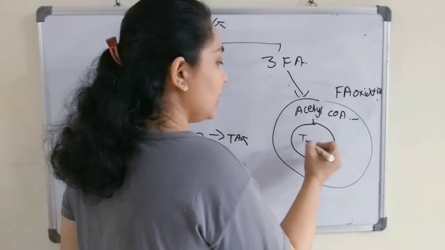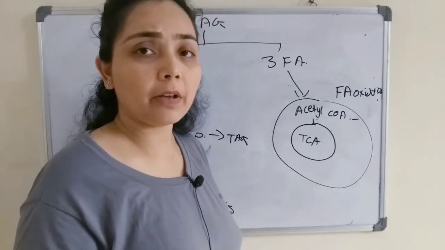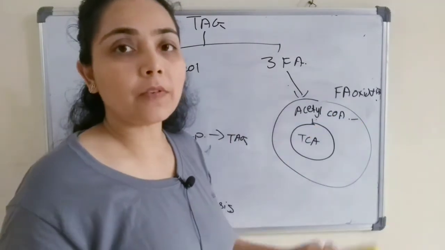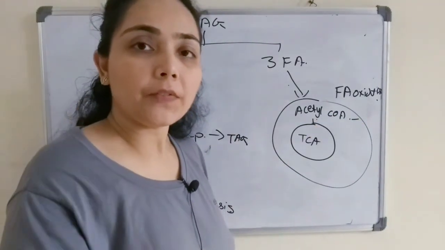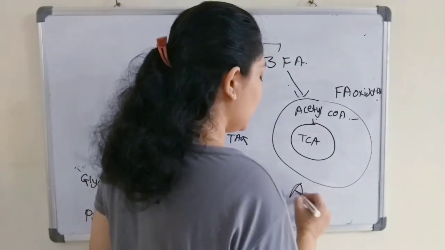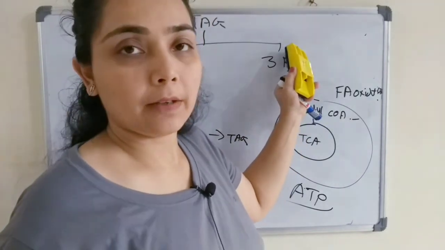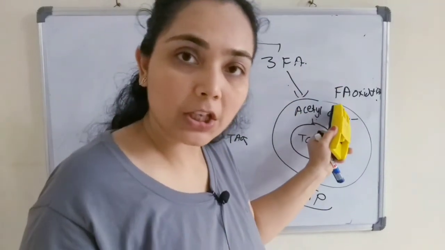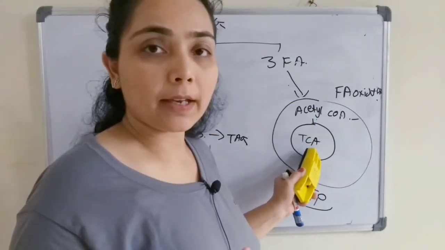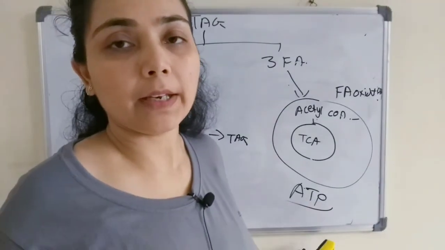This acetyl CoA then enters the TCA cycle, and we will have reducing equivalents like NADH and FADH2, and also in the oxidation we will have reducing equivalents, which will enter the electron transport chain and finally generate energy in the form of ATP. So this is the fate of fatty acid: oxidation gives acetyl CoA, which enters the TCA cycle, gives reducing equivalents, which enter the ETC, and finally ATP.